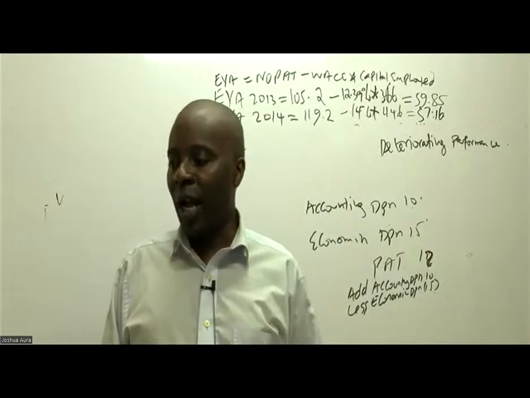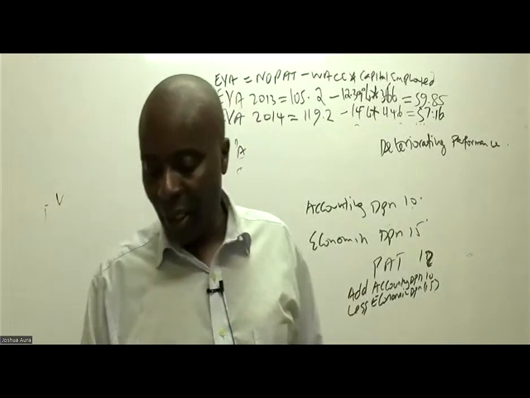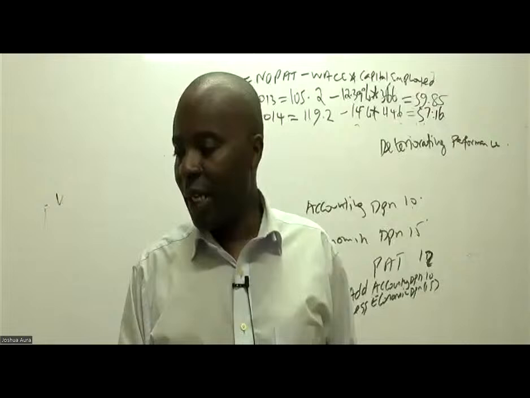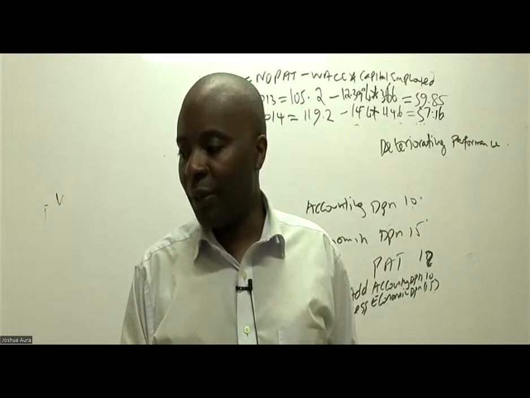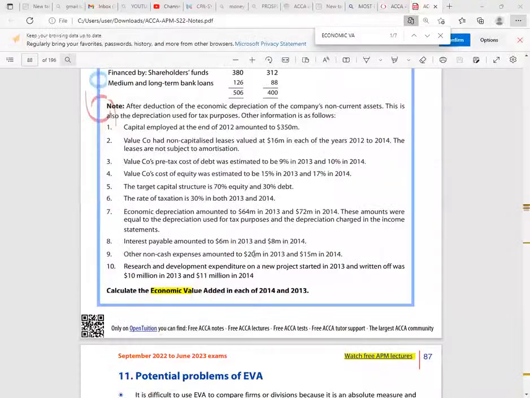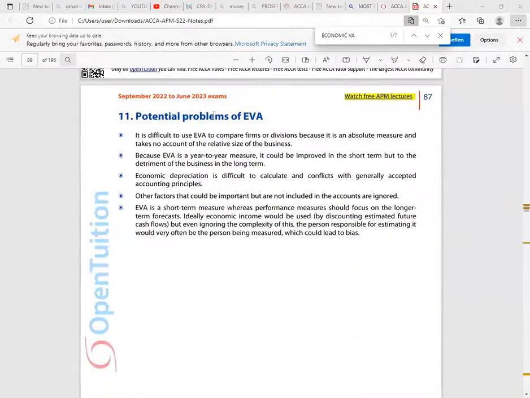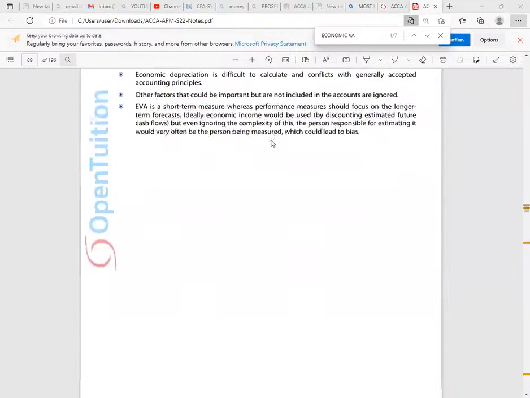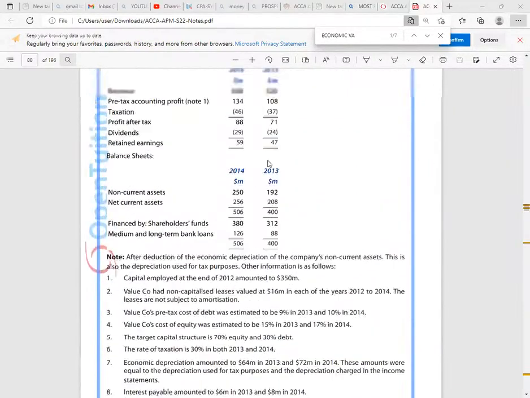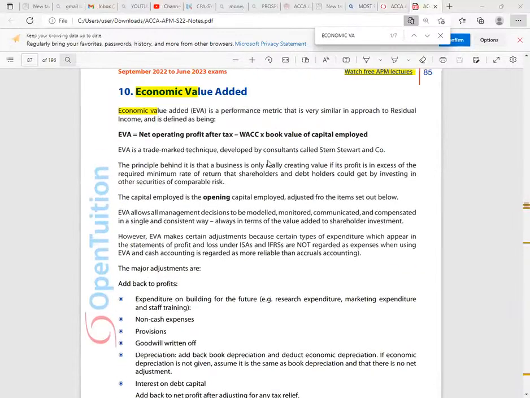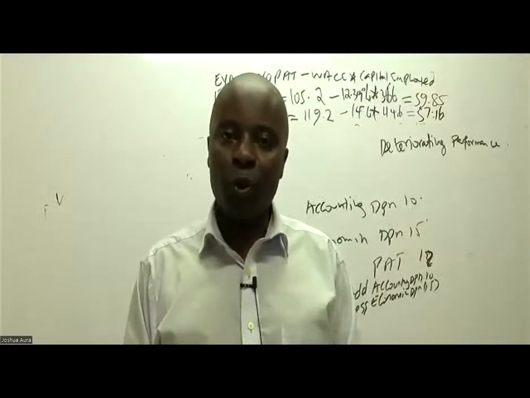So, ladies and gentlemen, we have come to the end of this particular concept, and I would really want you to go and look at this book, especially the potential problems of EVA. You need to go and look at these theories. They're very important. And then I would want you to select one question from your past paper on EVA and do it.